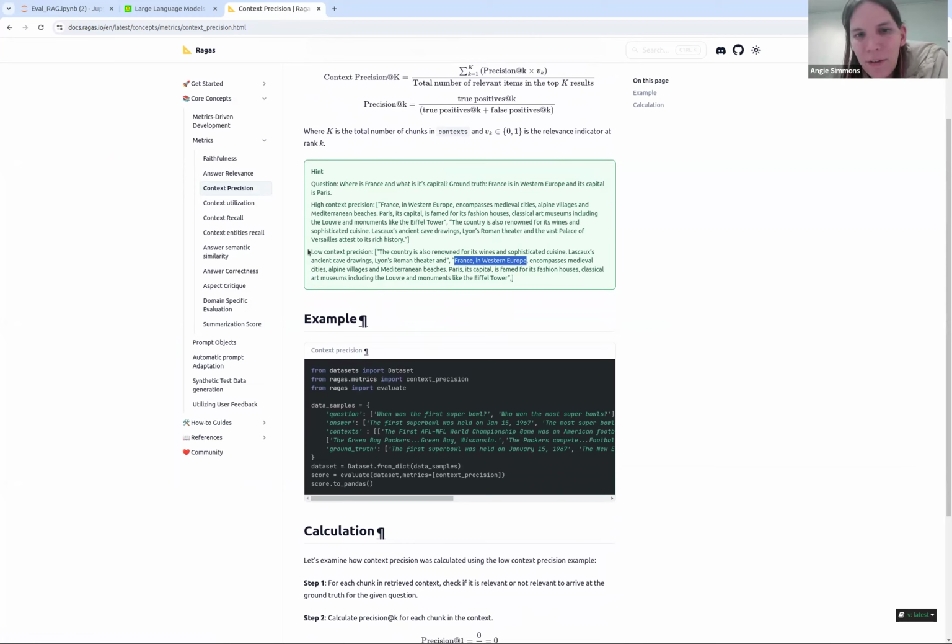For this low precision example, you can see they've got France is in Western Europe and Paris is its capital. So all the facts are there, but I think this one is low precision because we also got a whole lot of irrelevant information back.